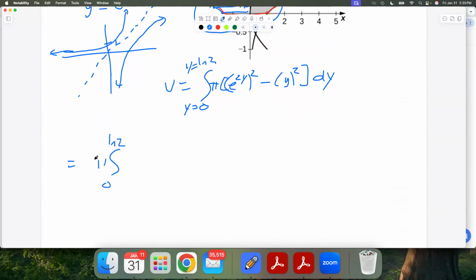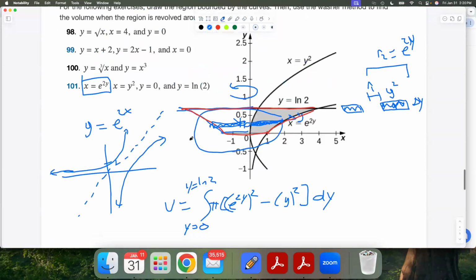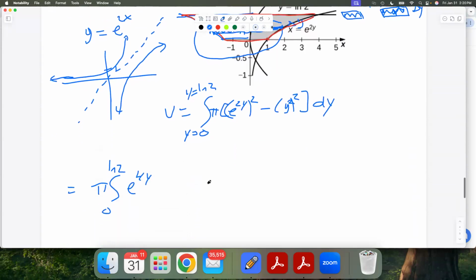I'm going to bring the pi out front. Raising a power to a power, we just multiply. I left off my squared here. I apologize. You guys are probably yelling at me right here. This was y squared squared. I said it, but I didn't write it. So minus y to the 4th all dy.